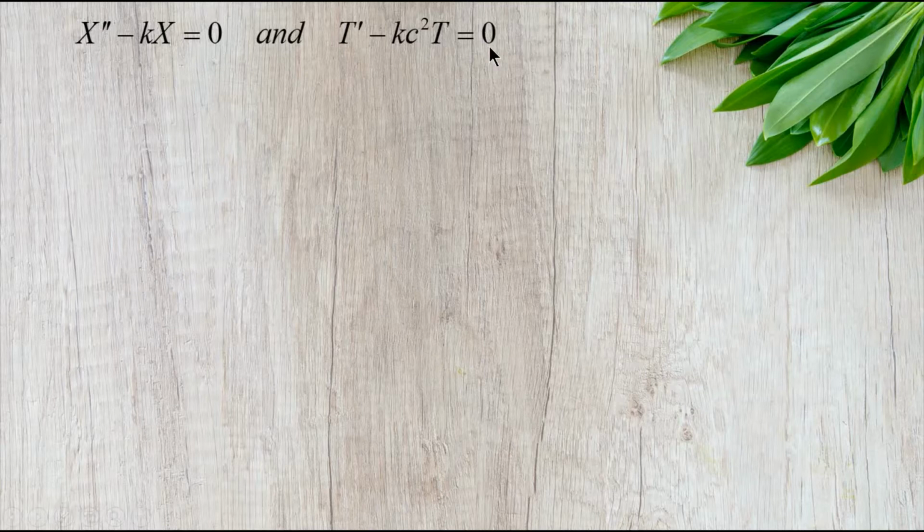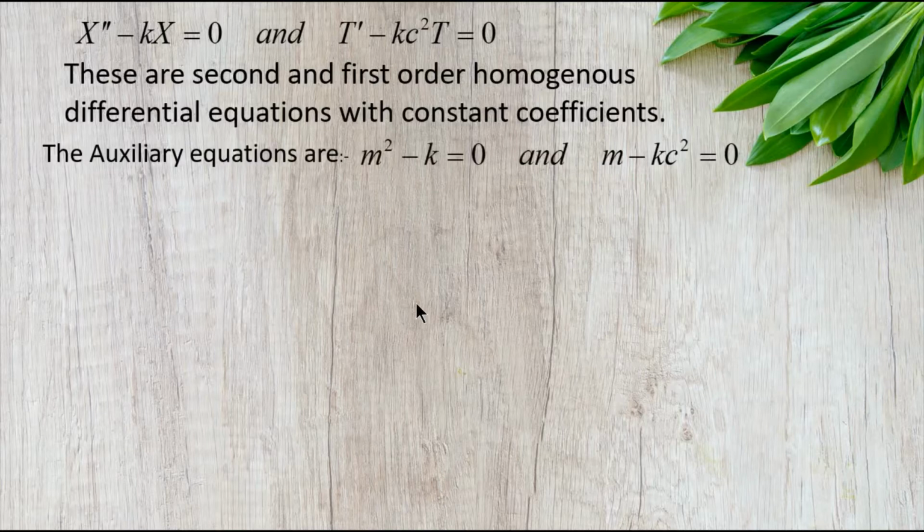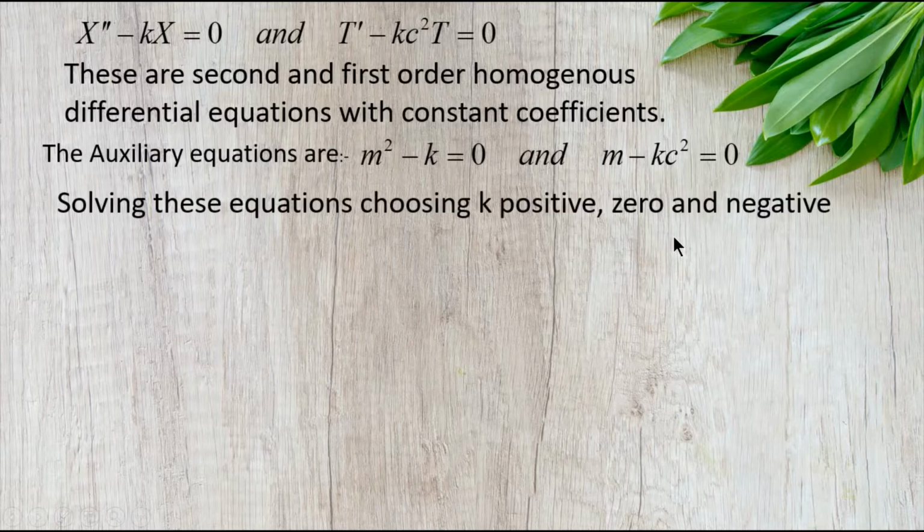Here also it is a homogeneous differential equation, and these equations with constant coefficients can be solved by finding out the auxiliary equation and solving the roots. The auxiliary equations are m² − k = 0 and m − kc² = 0.